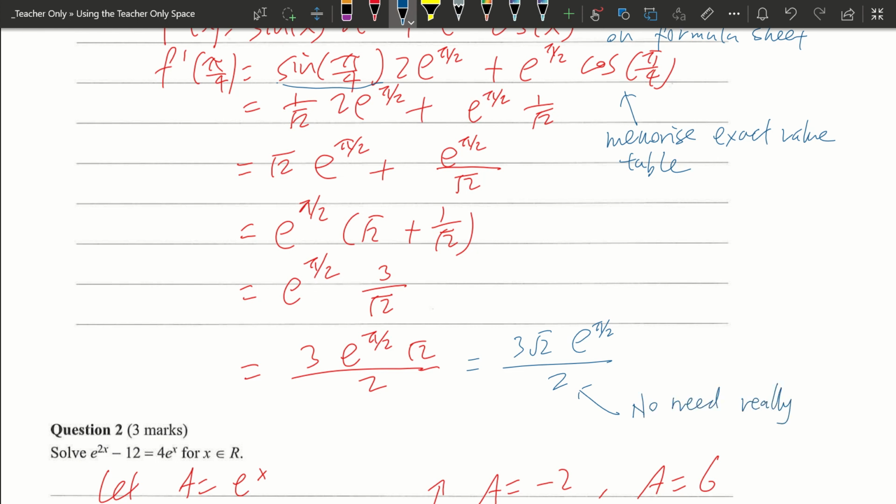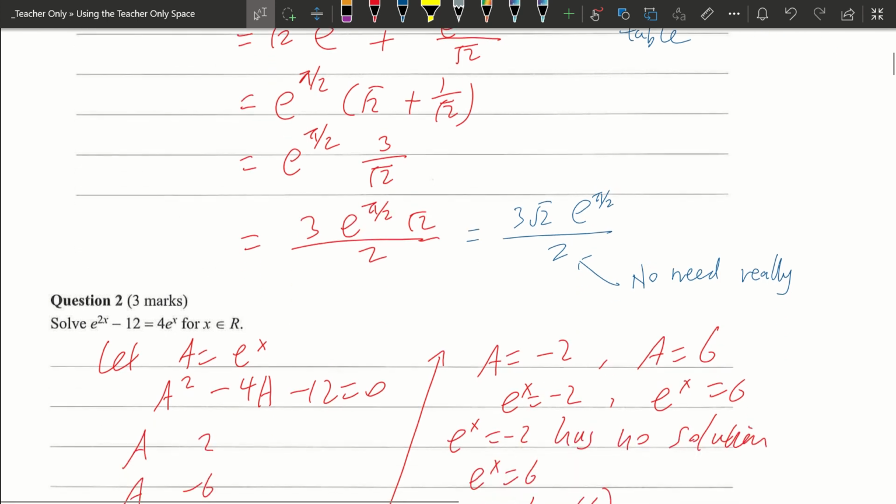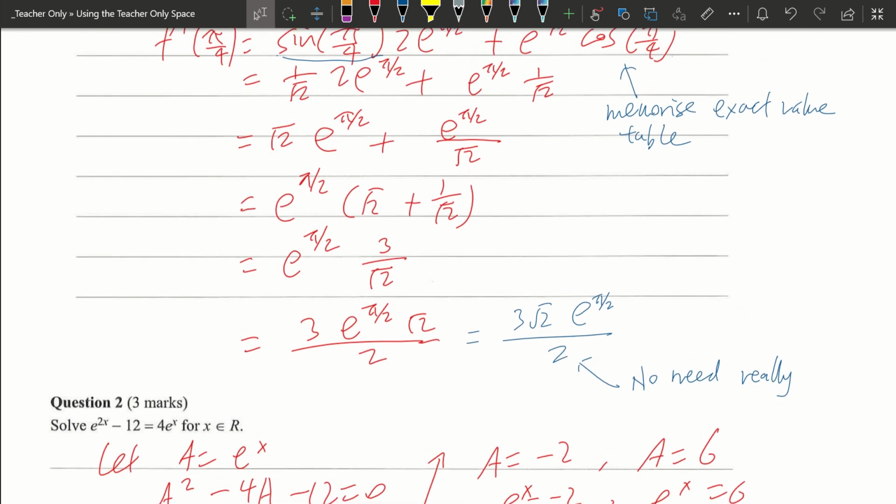But there isn't really a need to rationalize your denominator. I don't think in the past few years the VCAA marking scheme penalized people for not rationalizing the denominator. You see here, it was a third on the denominator before, so I did rationalize it.